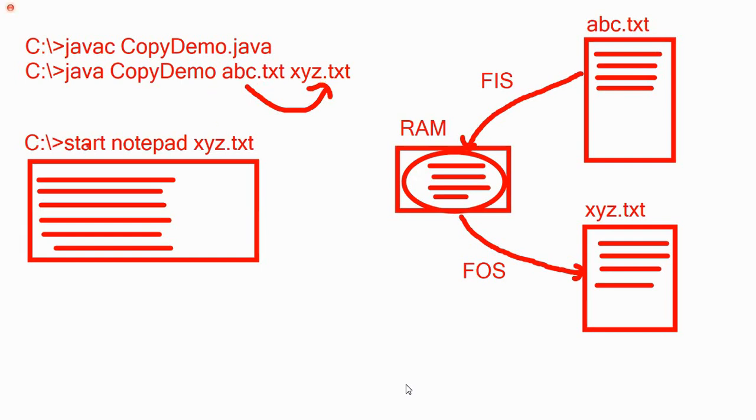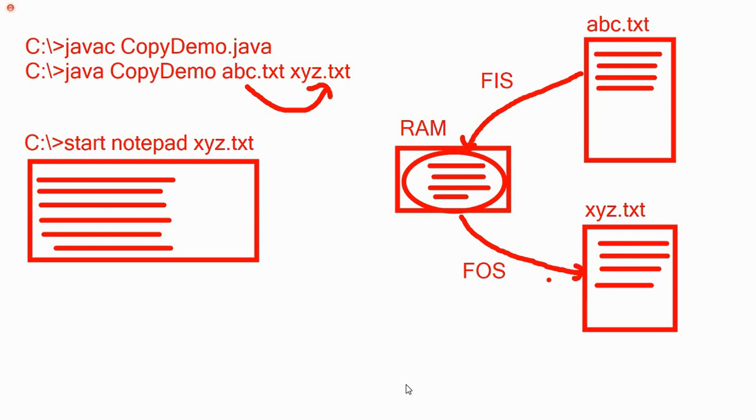After copying, if I open with Notepad, this file content should display. First, we have to open a file for reading, find out the file size, allocate memory in RAM, and read. We have to open another file for writing, write, and at last close both the files. This is our task.